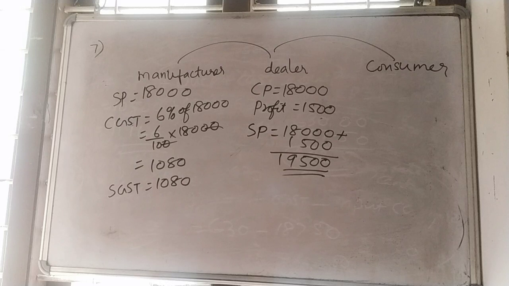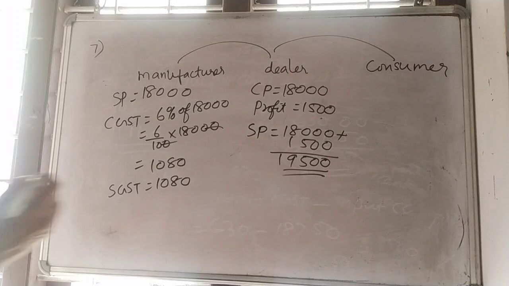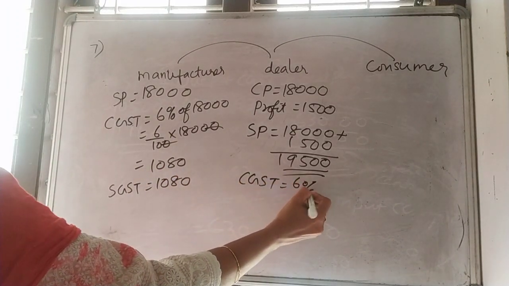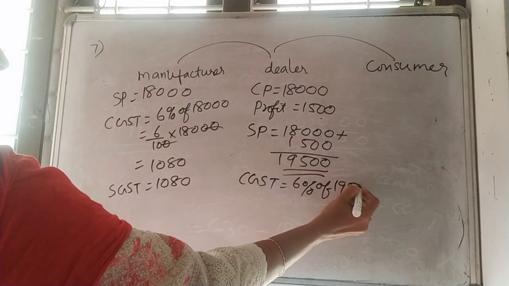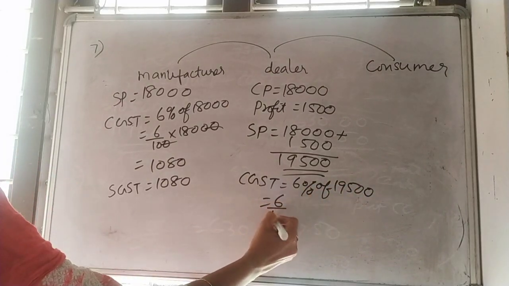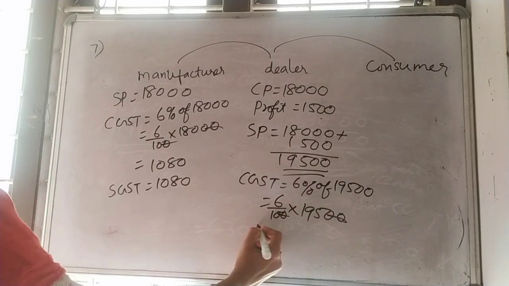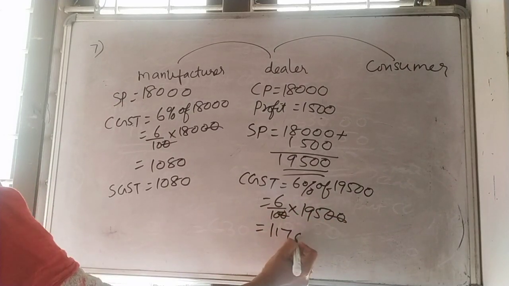And GST is given as 12%. Since it is an intrastate transaction, here also we can write a CGST and SGST. CGST will be what? 6% of 19,500, which is 6 by 100 into 19,500. So which is equal to 1170.